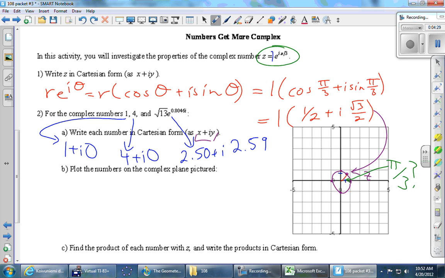So should we round that to 2.60? Okay, are we okay with those numbers? 2.5 plus 2.6 i. Any questions on how to get them?